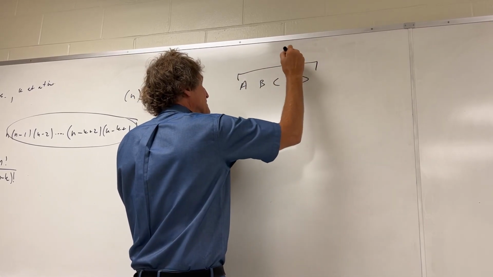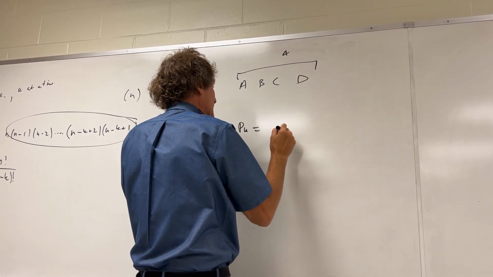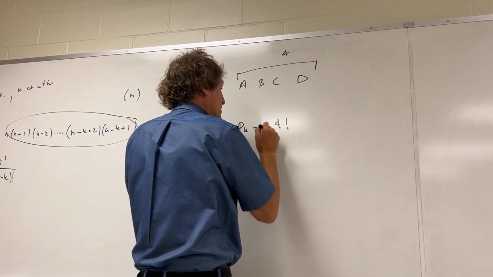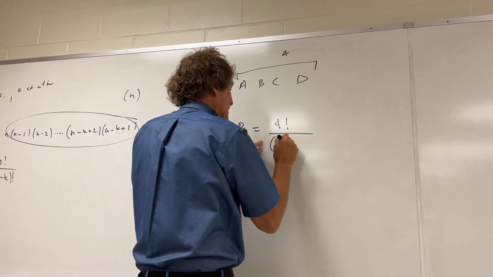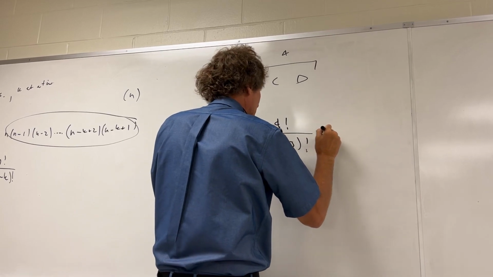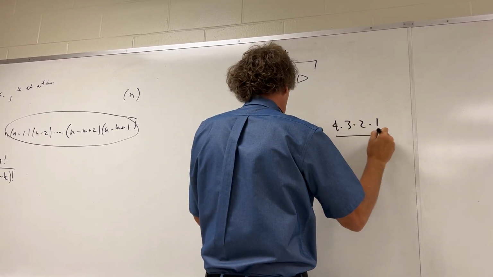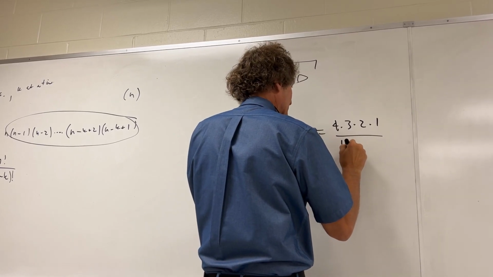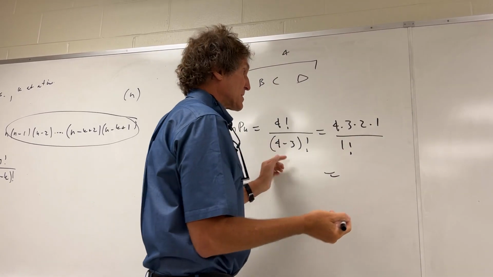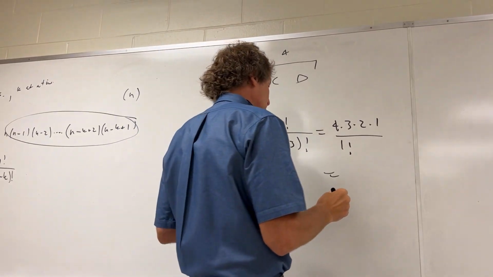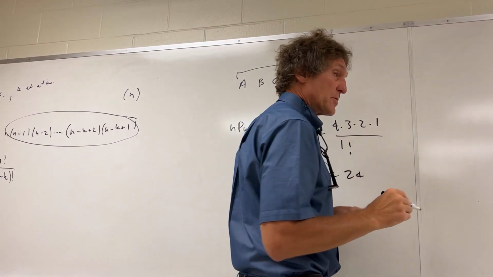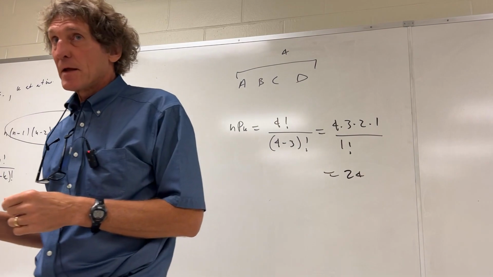There are 4 items, and I'm taking them 3 at a time, so it's 4 factorial over 4 minus 3 factorial. That's 4 times 3 times 2 times 1 over 1 factorial. That's 12 times 2, or 24 different ways you can do it. Do y'all follow me in this class?